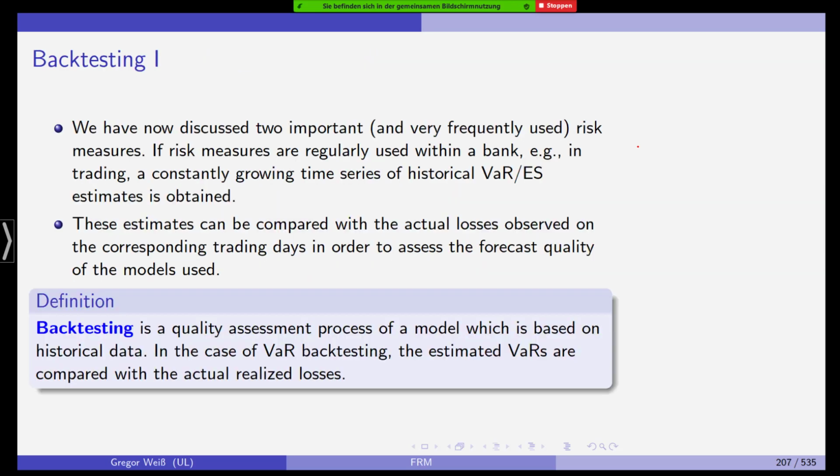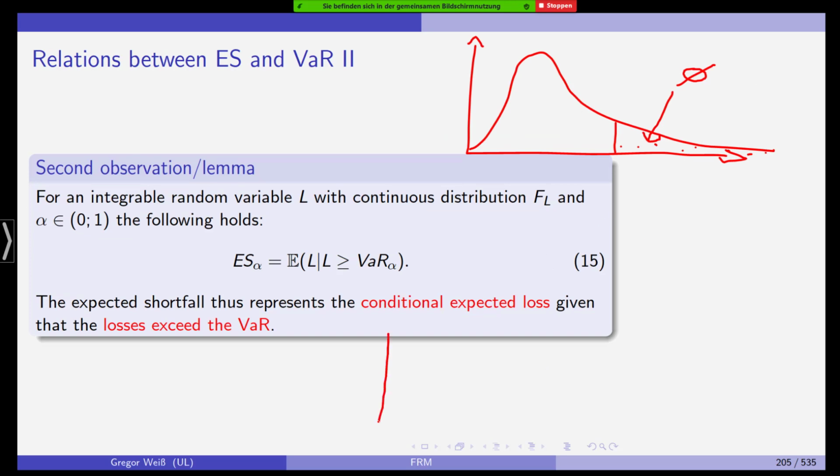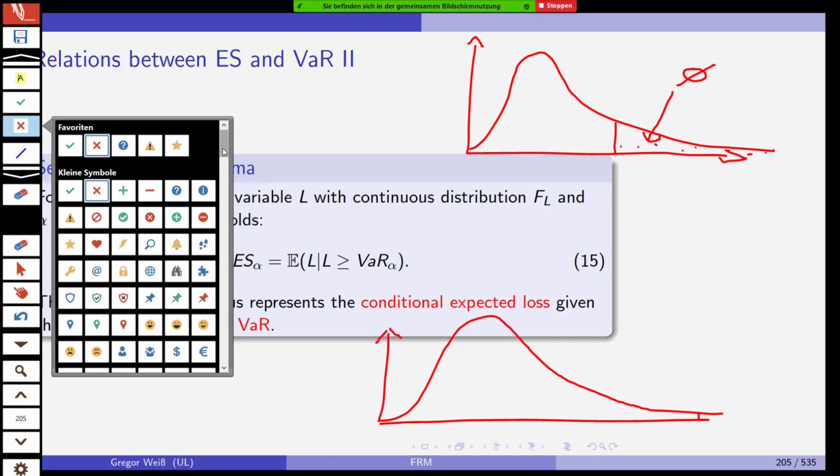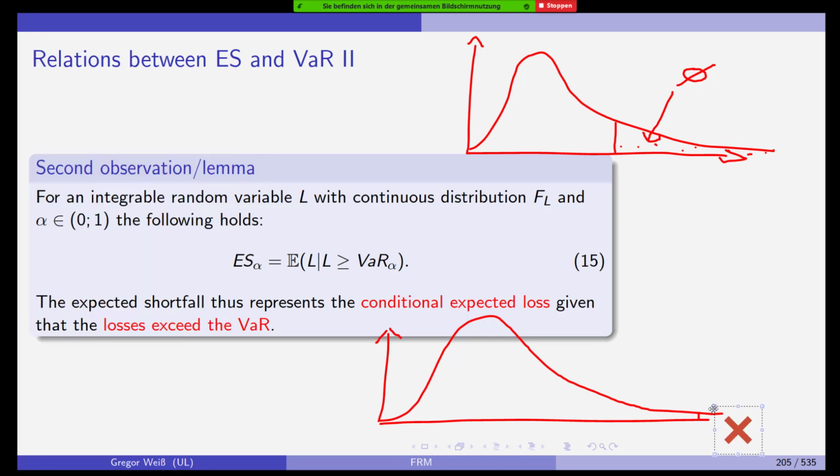The problem now with expected shortfall, and you can see this exactly here, let's assume we have 100 days, we have our loss distribution, and we have the value at risk here, 1%, which would mean that we have one observation here and 100 here.